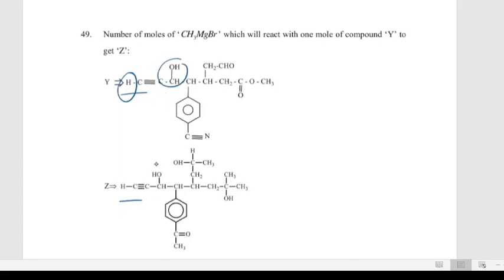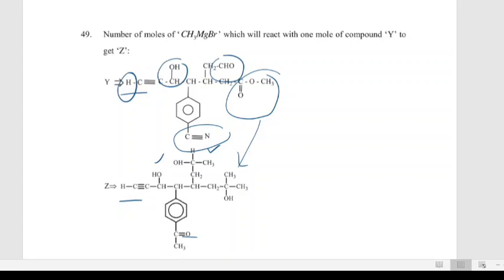OH and here also OH. Next, the CH2CHO turns into this tertiary alcohol. The COCH3 ester turns into alcohol group, and again here the cyanide converts into the keto group. Right? Now let us see one by one.